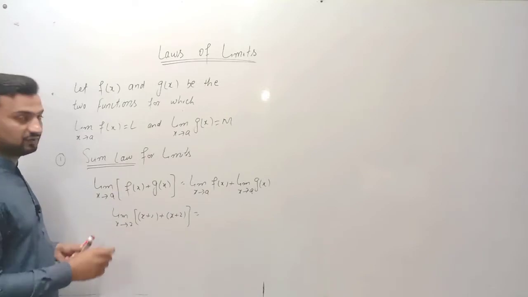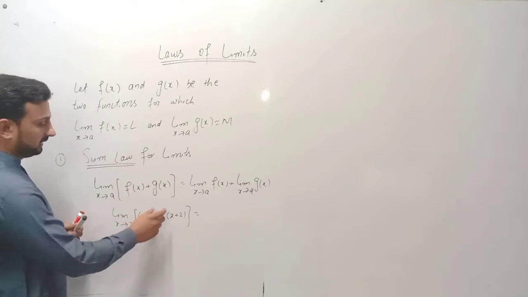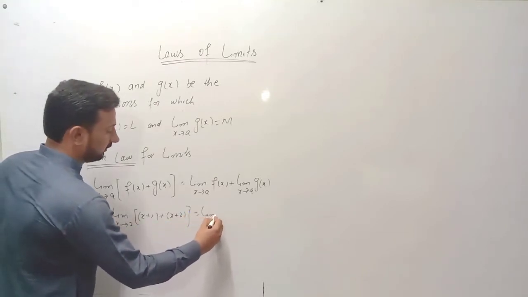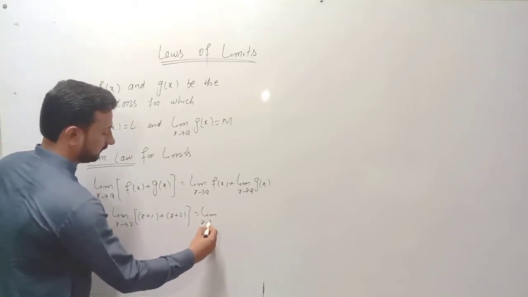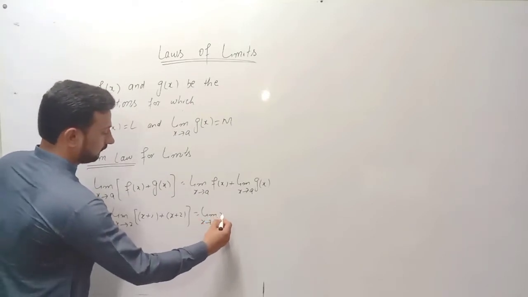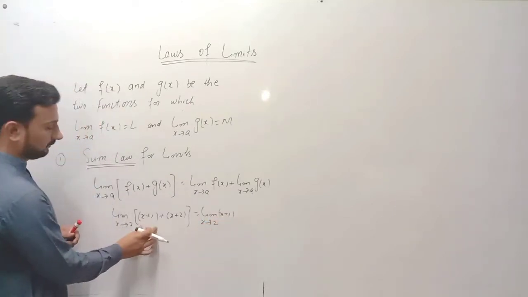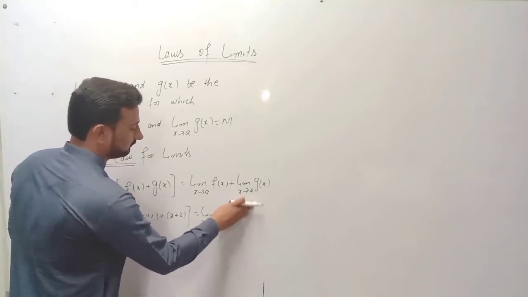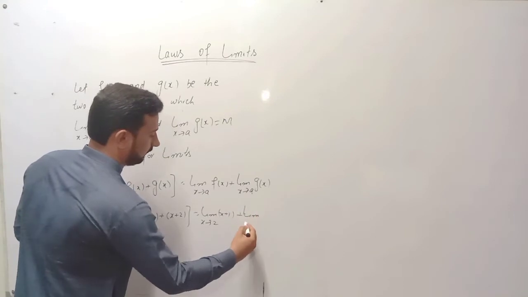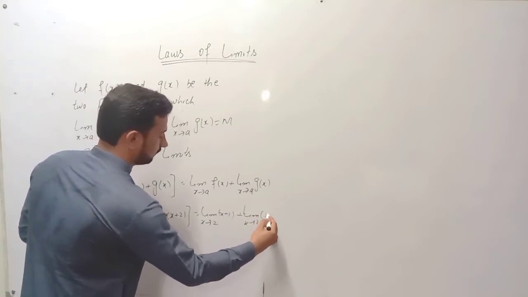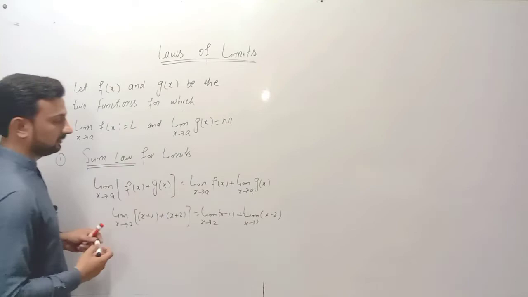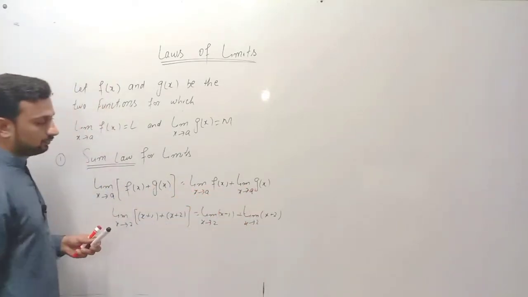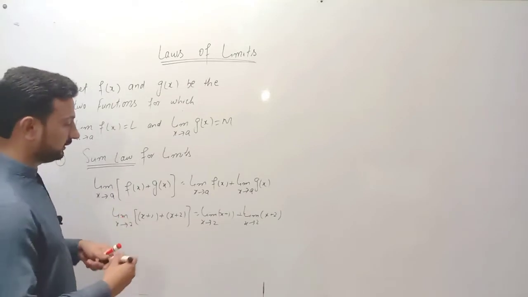I have said earlier that this is the same as applying the limit separately to each function. So we apply the limit as x approaches 2 of x plus 1, plus the limit as x approaches 2 of x plus 2. We have applied the limit separately on each function.